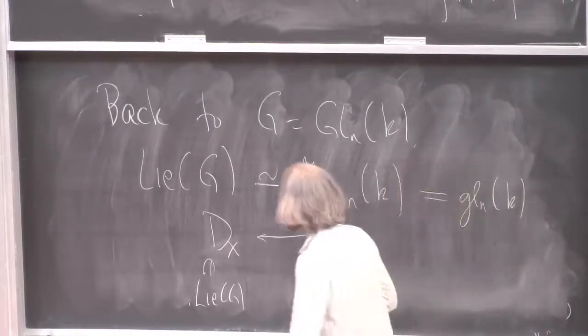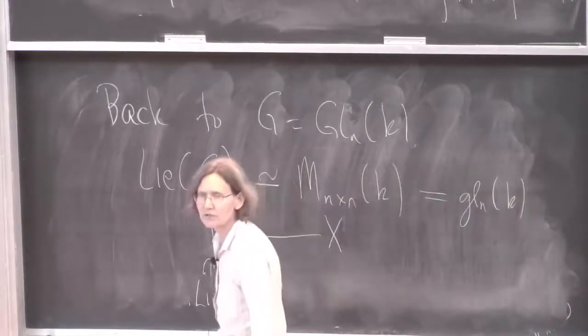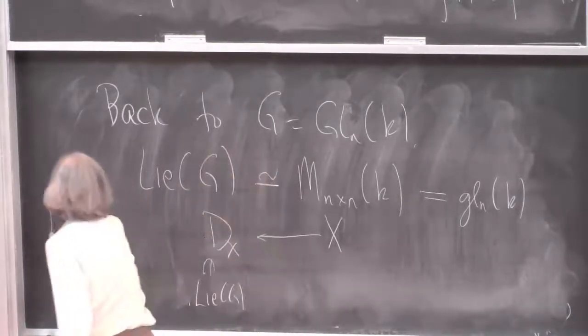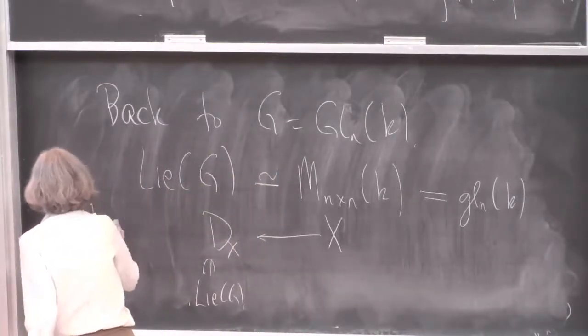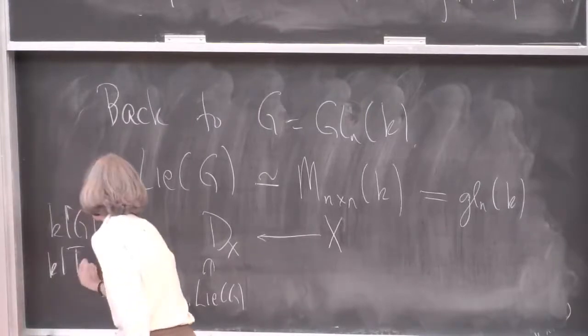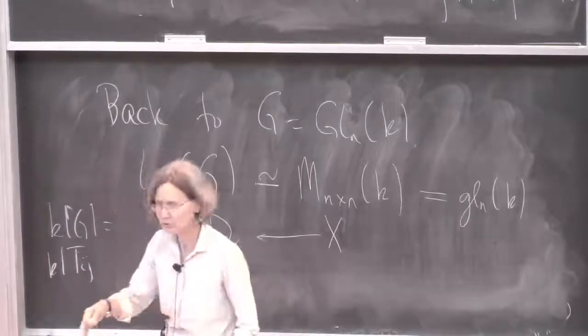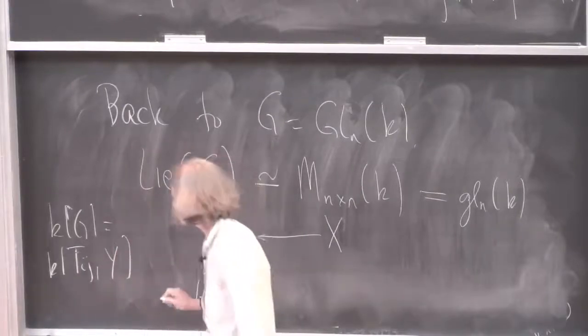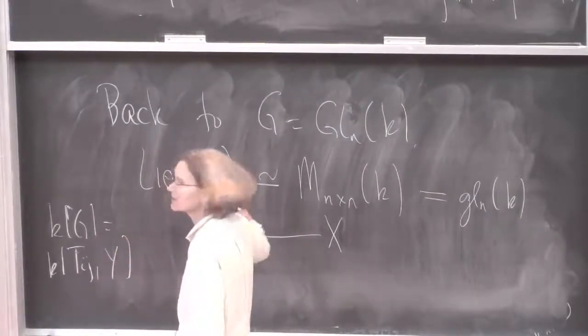What would it do? It's supposed to be a derivation on the K algebra, and the K algebra K[G] is K[T_ij, i and j between 1 and n, and y], because GL is supposed to be closed somewhere.